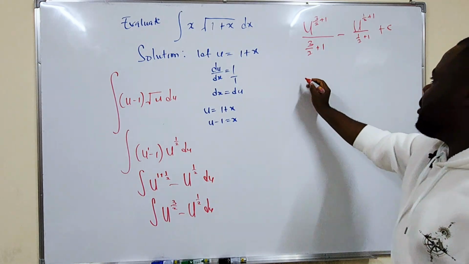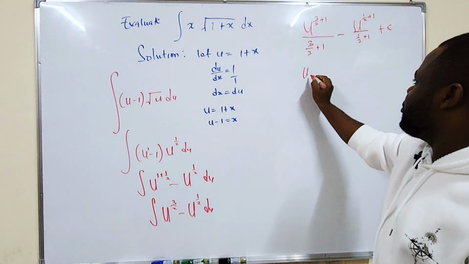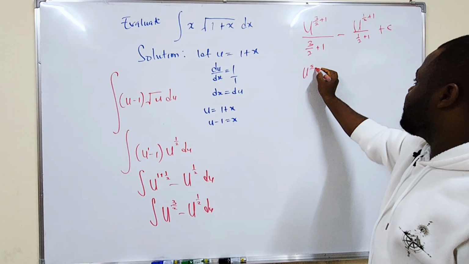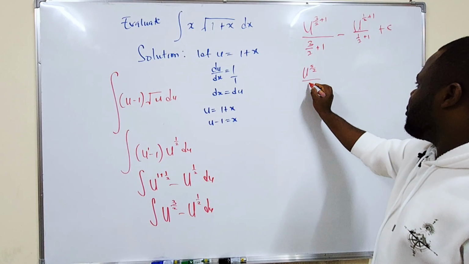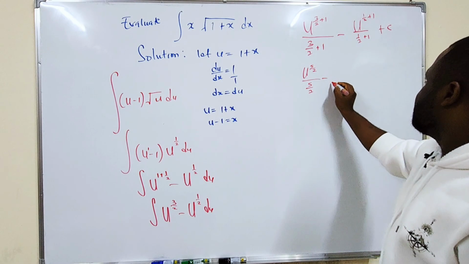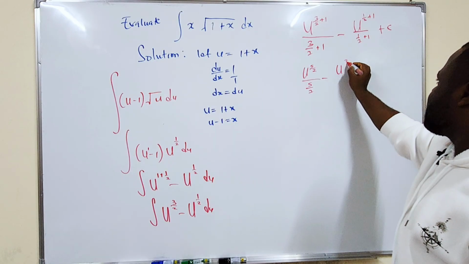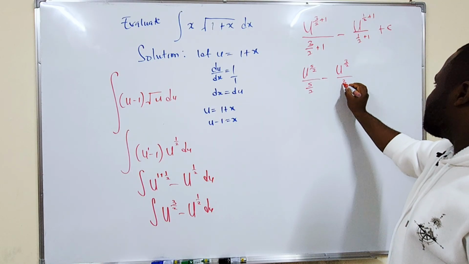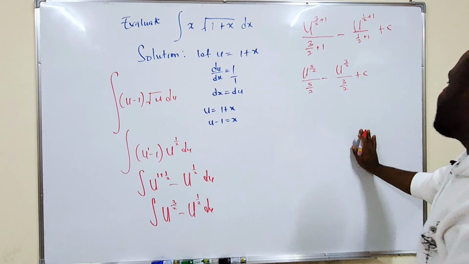So this is now easy for us to do. We get u to the power 5 over 2 over 5 over 2, minus u to the power 3 over 2 over 3 over 2, then plus c.